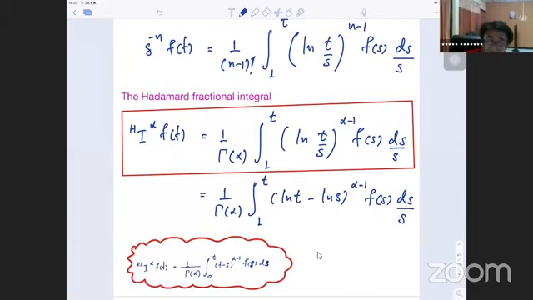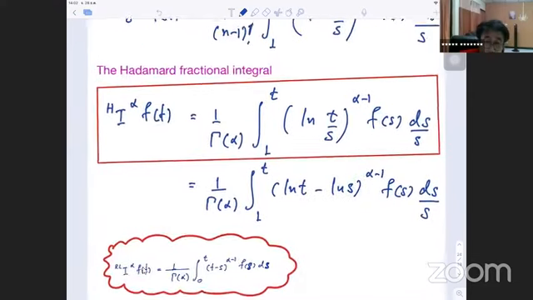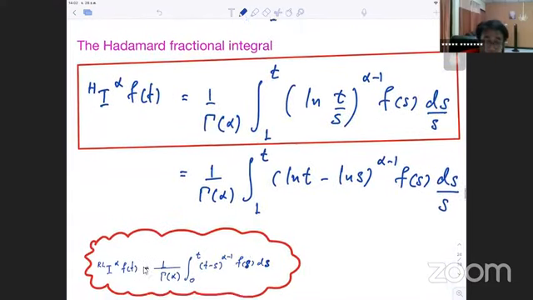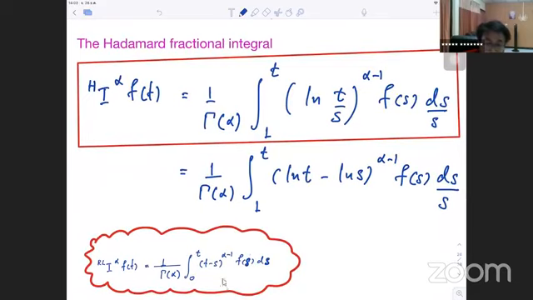I compare the Riemann-Liouville fractional integral and the Hadamard fractional integral. This is the formula of the Riemann-Liouville fractional integral. It's the same, the gamma function, and the kernel is t minus s.